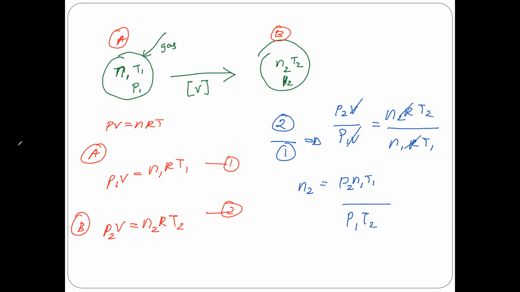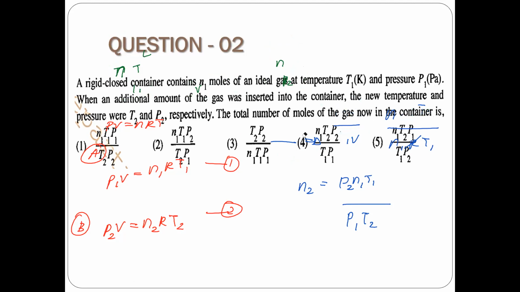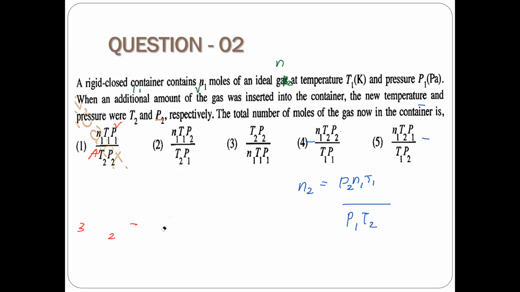So let's move on to the question. According to that, your answer is N2 equals P2 N1 T1 divided by T2 P1.